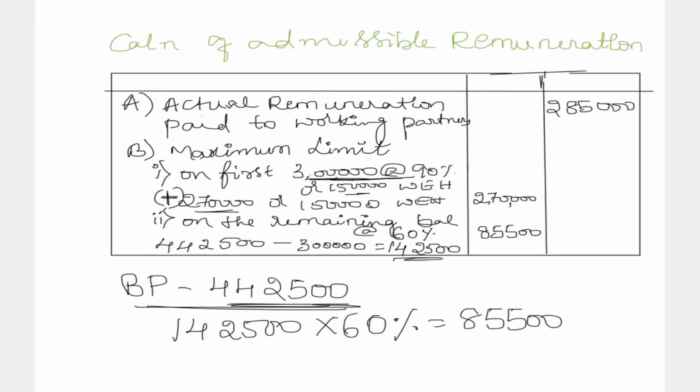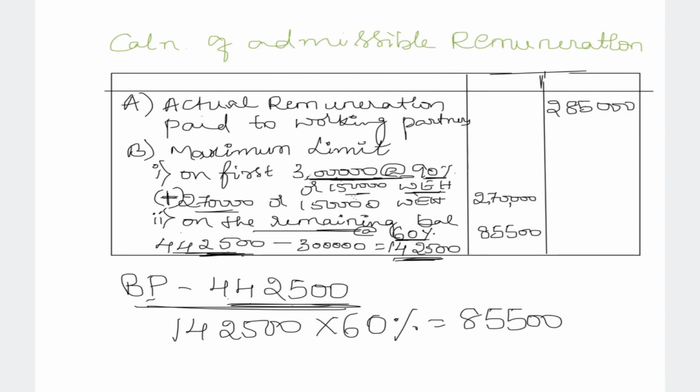So let me repeat, on first 3 lakh of your book profit, you will calculate at the rate 90% or 1,50,000, whichever is higher. Now these are standard values. Second point is on the remaining balance, you will calculate at the rate 60% always. So when you're calculating 60%, you have to take the remaining balance only, that is the book profit minus 3 lakh which we have already considered in the first point.